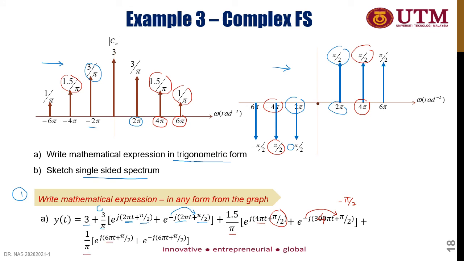So positive and negative 1 over pi is the magnitude, and then check the phase spectrum. At positive 6 pi it is positive, and at negative it is negative. So you already have the exponential Fourier series in hand, and from it you can convert this equation into trigonometric form.